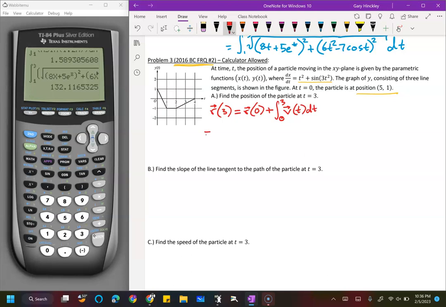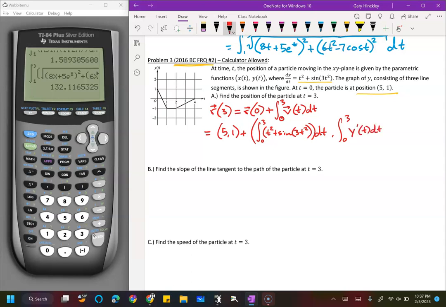So we have our position is (5, 1), and then we have the integral from 0 to 3 of dx/dt, which we're given, sine of 3t squared, dt, comma, from 0 to 3, and this is going to be y prime of t dt.